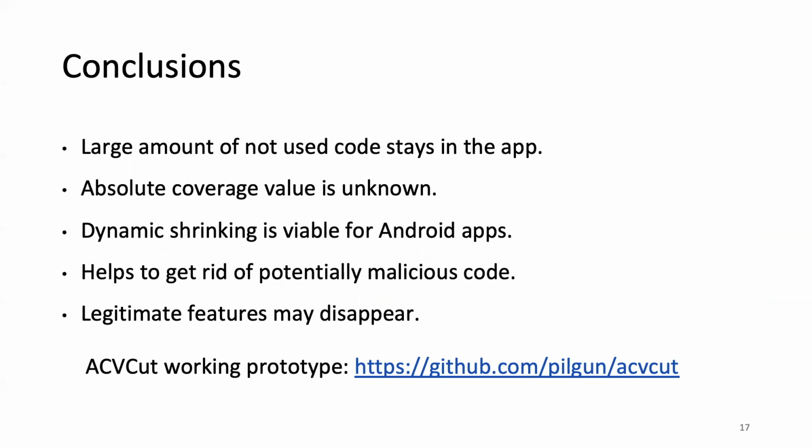Then we demonstrated a viable technique for dynamic shrinking of Android applications. This technique helps to get rid of potentially malicious code, but the disadvantage of this approach is that some legitimate features may disappear if they were not tested during the verification of the application. Also, we published our prototype on GitHub.